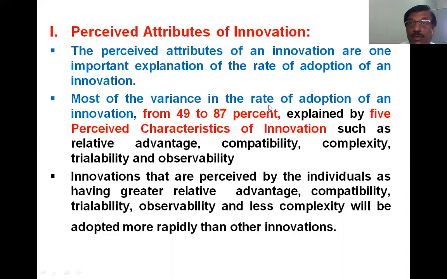So the rate of adoption largely depends upon the five perceived characteristics of an innovation: relative advantage, compatibility, complexity, trialability, and observability. So perceived attributes play a very important role in adoption of innovations.